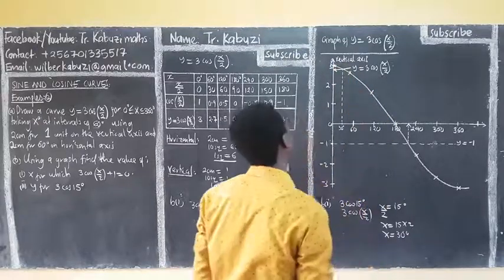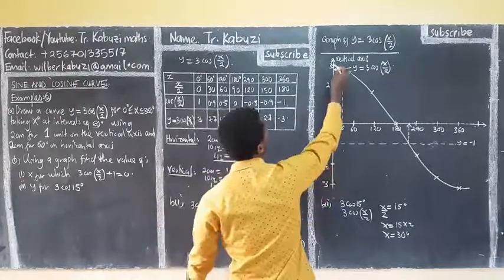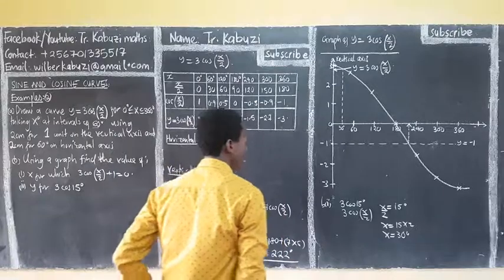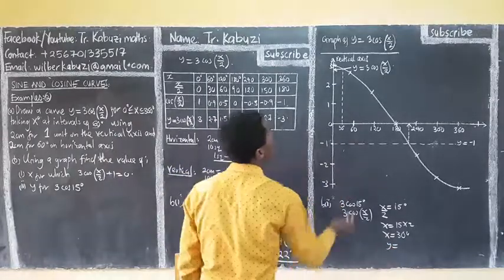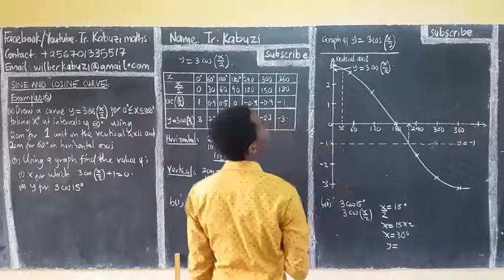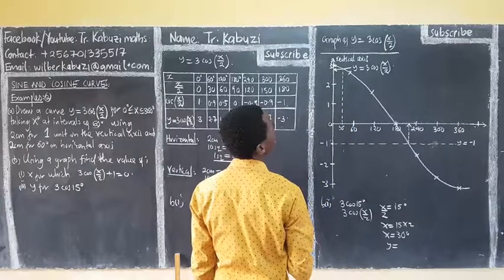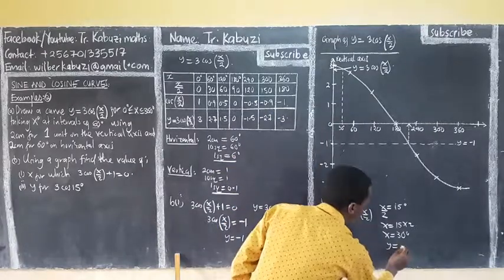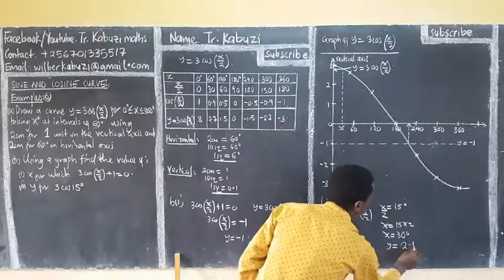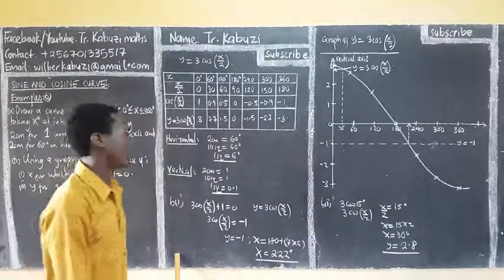So my value of y there is going to be, I think you see here, 2.9. Yeah, I'm saying 2.9. 2.8. So my y is 2.8. So that's how we handle that.